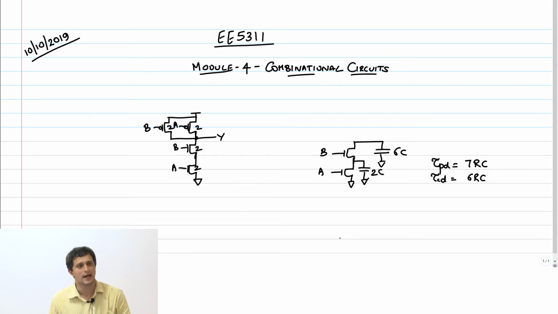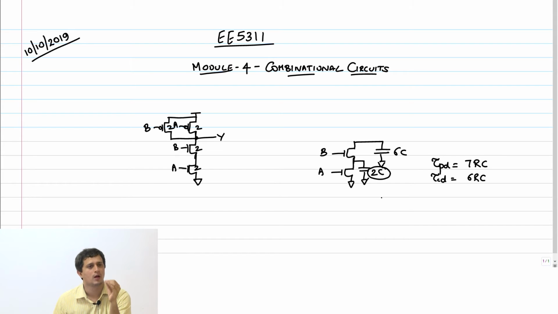And the reason for that is this intermediate capacitance here has already been discharged, right? Therefore, if I now need to only discharge the top capacitor, the 6C capacitor, that's going to be a little faster than discharging both these transistors together. So clearly there is a difference in these two inputs, right?